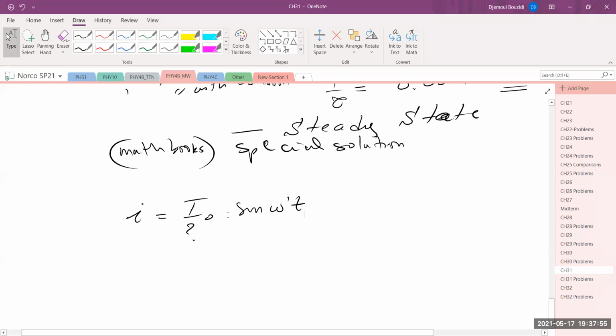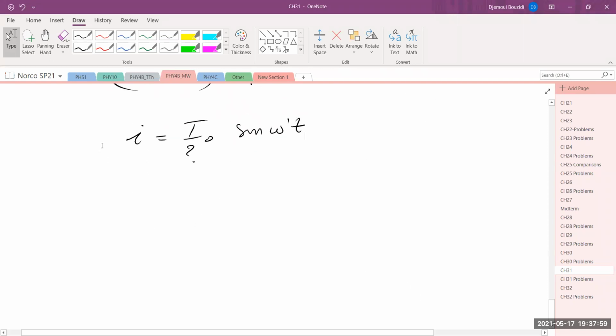If the current is this way, clearly the voltage across the resistor will be simply R times I, and that is R times I naught. So again, I need to find I naught, okay? We need to find this current because we don't know it. Let me remove the naught in here, because I mean just the amplitude of the current, that's all.